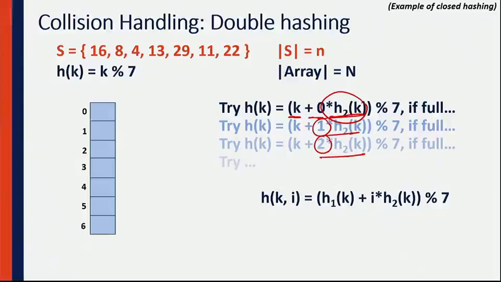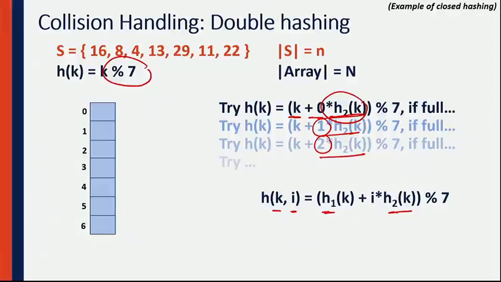So here, given a key and given the number of times we're hashing it, h1 is going to be our first hash function. This is k mod 7. Well, h2 will be our second hash function, determining how far we need to jump at each point. In our second hash function, we want the output to be some value that's not 0 and less than the size of the array.